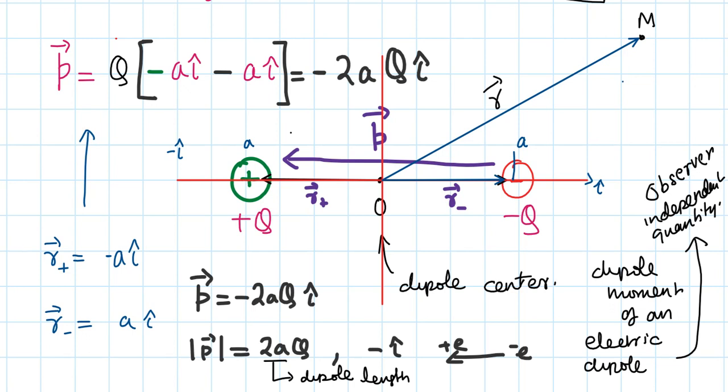So one of the most important physical quantities associated with an electric dipole is its dipole moment, and all electric field measurements or electric potential measurements or any other sort of physical quantities associated with an electric dipole will depend on this dipole moment, as well as the separation or the position vector r at which we are measuring that particular physical quantity.